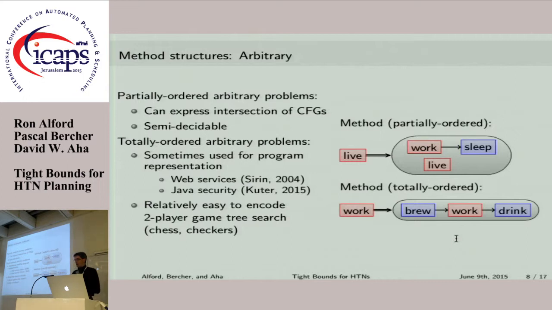We know that they can be, and the paper goes into showing the complexity of this, but we don't actually have it yet. So that's a new application area waiting for someone to go and implement it. We'll see if someone will pay me for it or not. It's also relatively easy to encode two-player game tree search in totally ordered HTN planning.